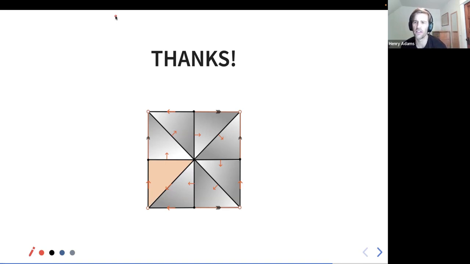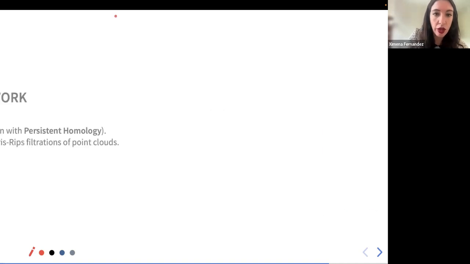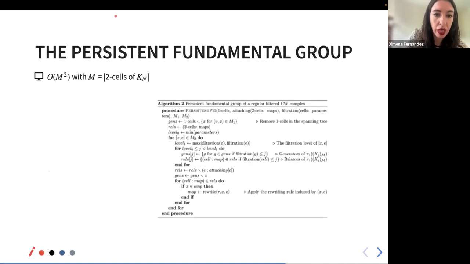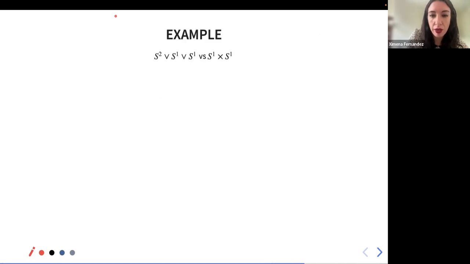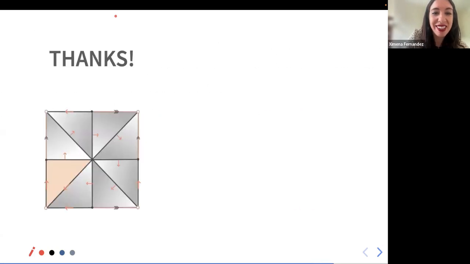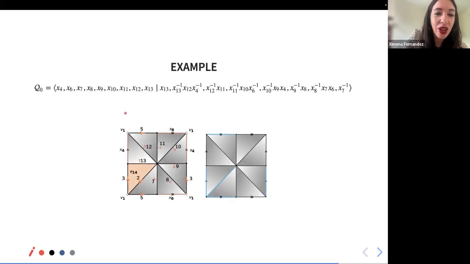Is that right? Yes, I think so. Let me show you, I have some slides at the end that are related to that. So the idea is that all these internal collapses can be, in the case of dimension 2, translated one-to-one into some modifications in the presentation.